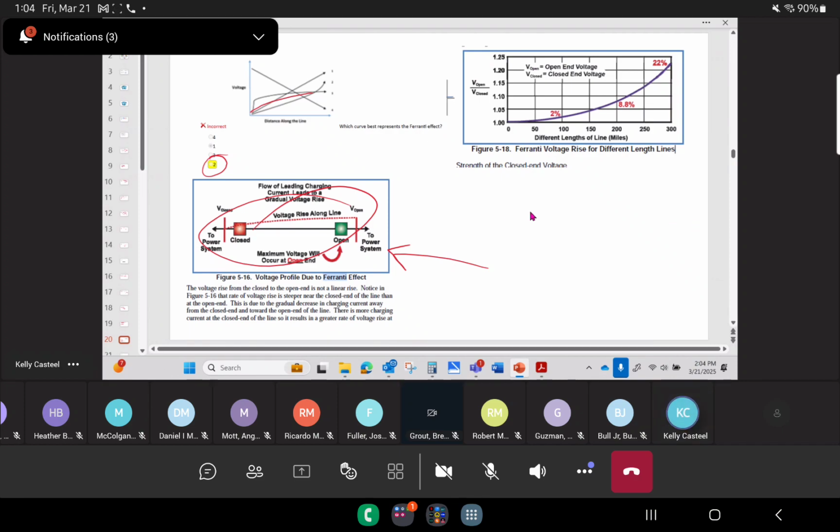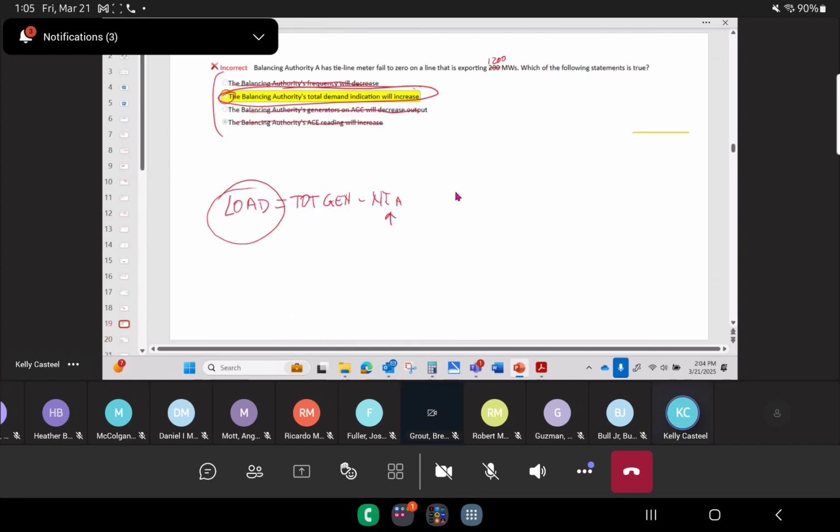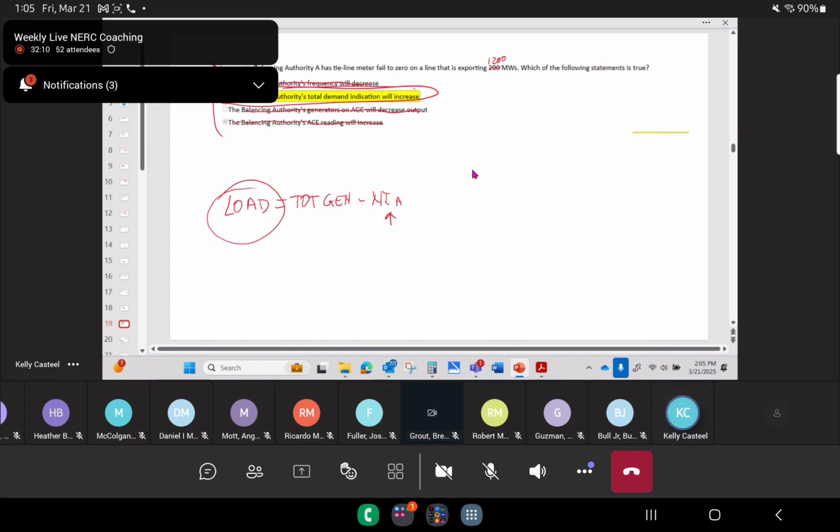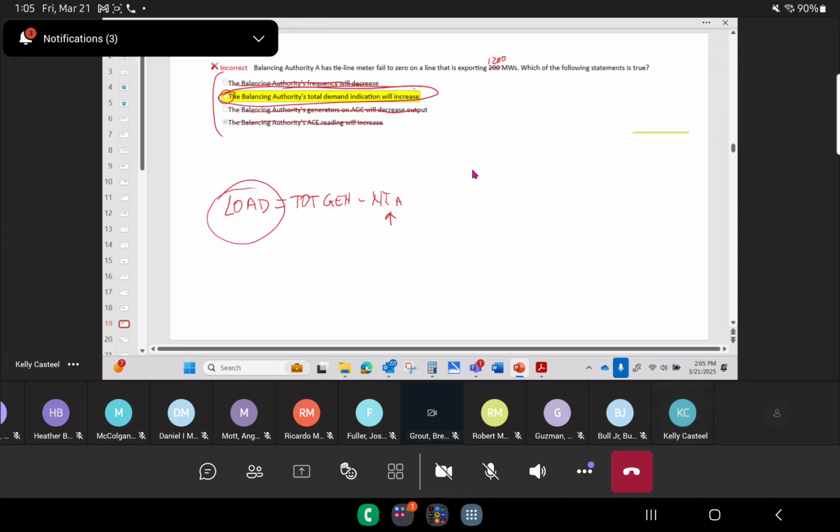And Andrew, I just now saw your comment about how would you know if it's a meter failure? There are other things that you can look at, or other things that BAs have to look at. One is, most of the time we trend generation outputs, especially our large generators.